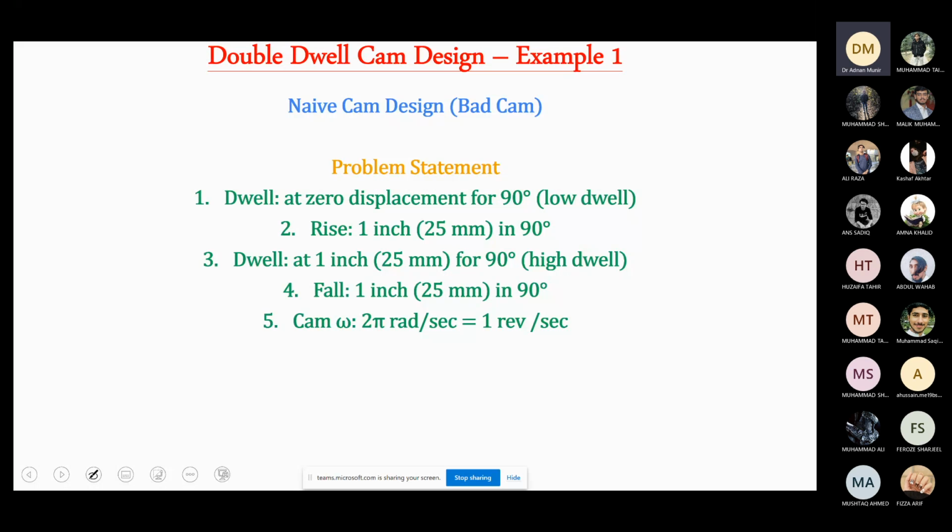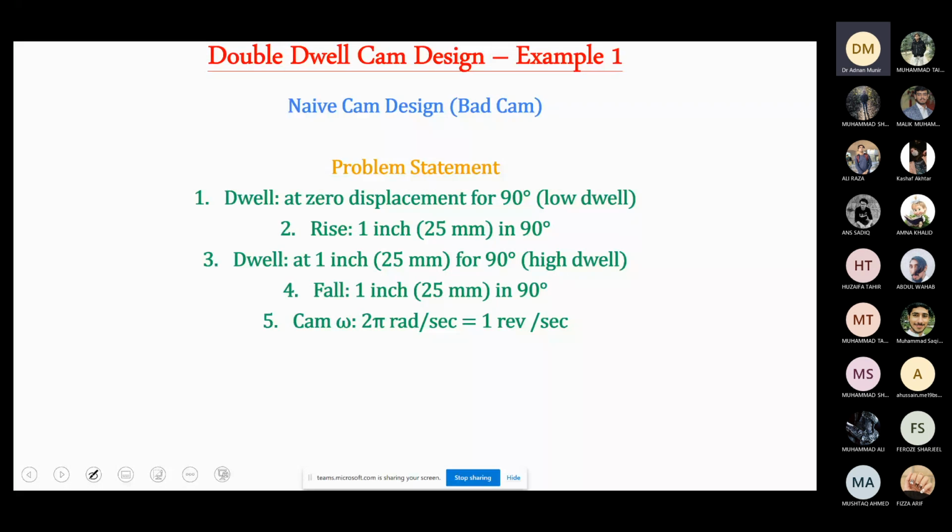We will see that this is a naive cam design, which is a bad cam. And why a bad cam? We'll be discussing the SVAJ diagrams the same way as we discussed the last one. We'll see the peaks, the discontinuities, and whether we have infinite values for some parameters, and based on that we will deduce whether it is a good cam design or a bad cam design, right?